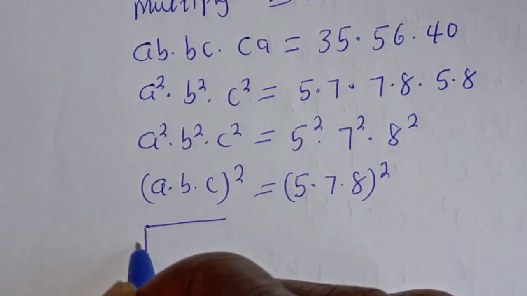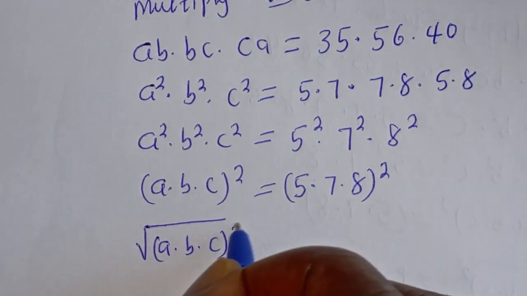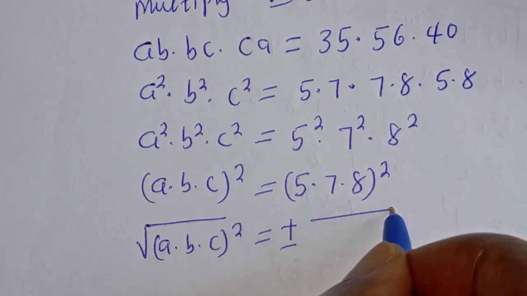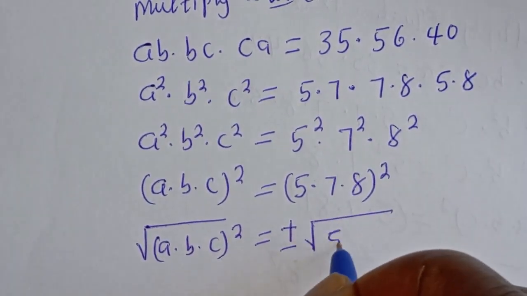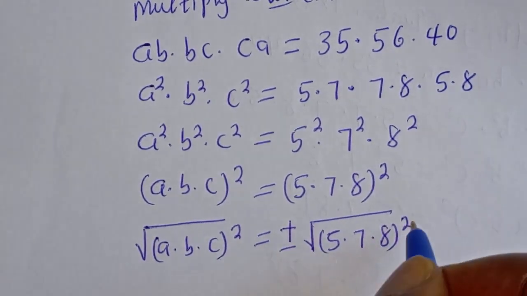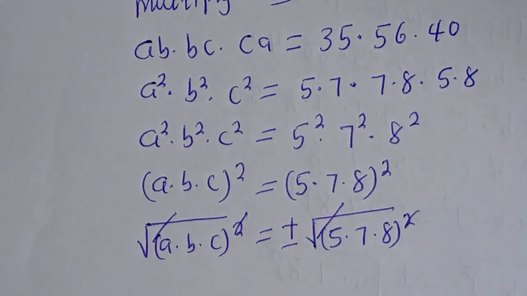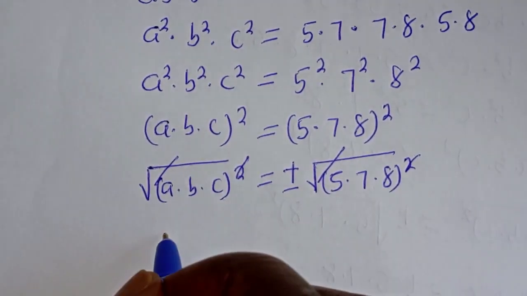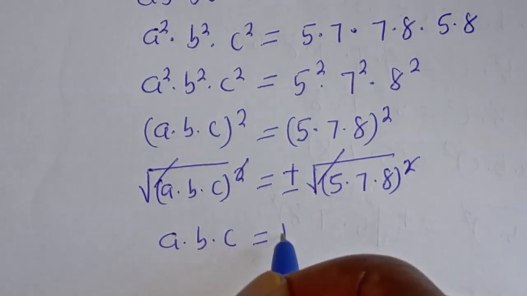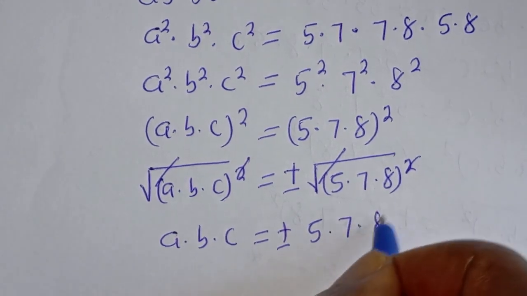Square root of ABC all square is equal to plus or minus square root of 5 multiplied by 7 multiplied by 8 all square. This will cancel this, and this will cancel this. ABC is equal to plus or minus 5 multiplied by 7 multiplied by 8.